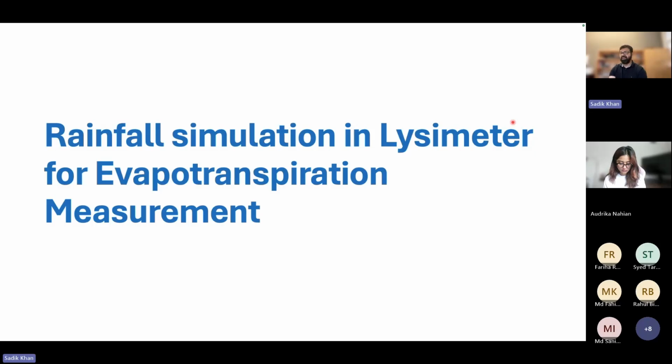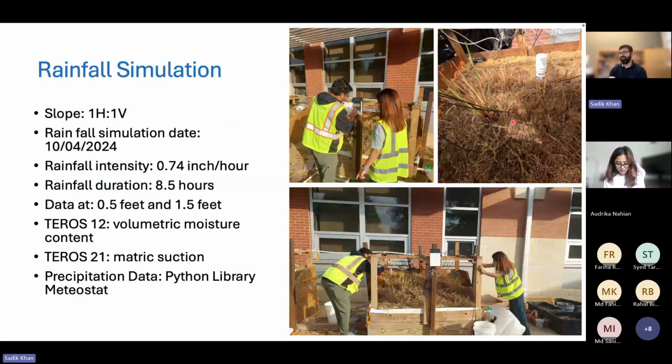Then we also did the rainfall simulation to test our second hypothesis: that if we plant the vetiver, it should pull out enough moisture from the slope and dry out the slope. Because of that, we should be able to fight the failure effectively. These frames were primarily made by Amber at the beginning, and then Richard took it over. I believe Asif and Rahul were also involved in those tests from our team.